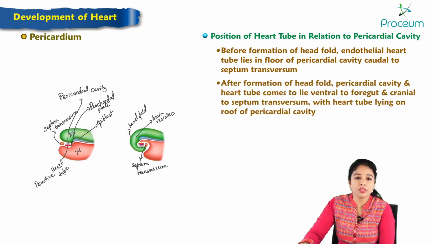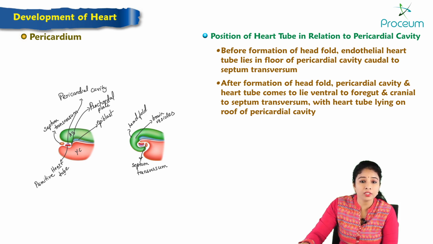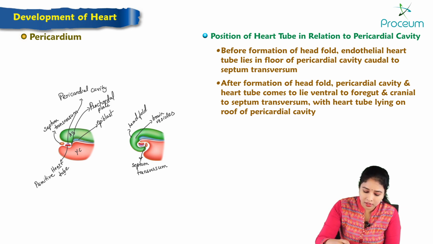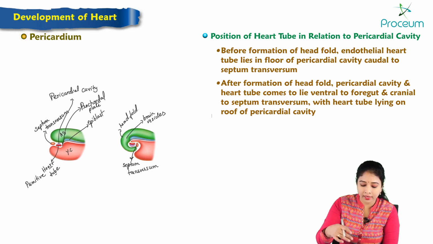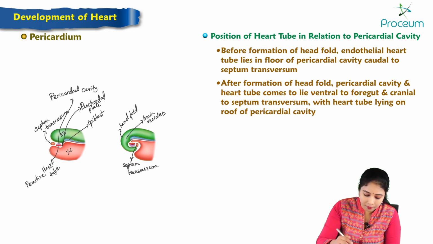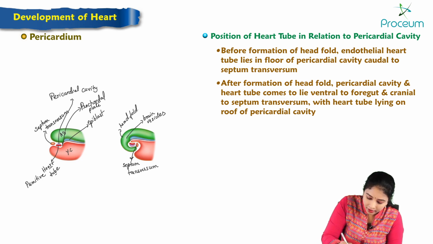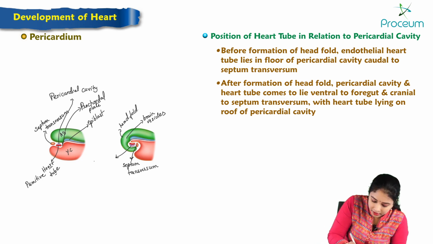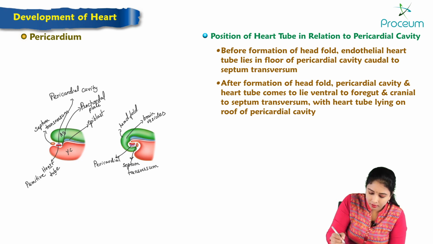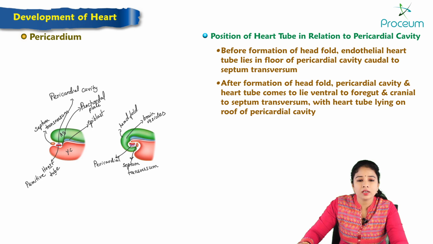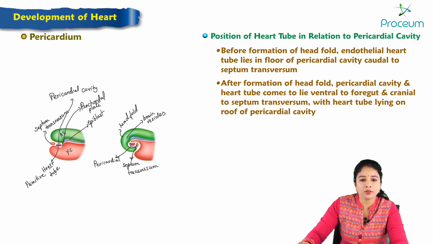After the formation of the head fold, the pericardial cavity and heart tube come to lie ventral to the foregut and cranial to the septum transversum. In the second image you can see the head fold, where the pericardial cavity is on the ventral side, and the septum transversum lies caudal to the developing heart tube. So that is the change in position of the heart tube.